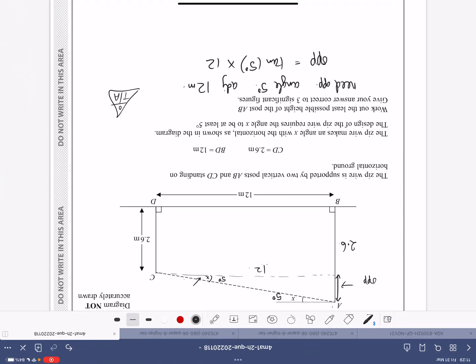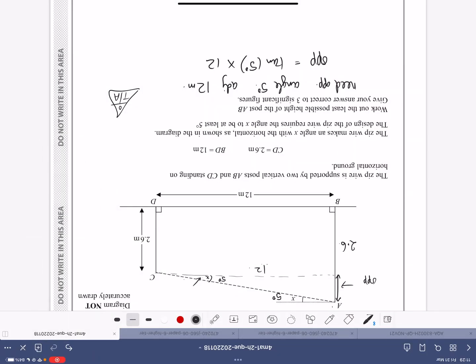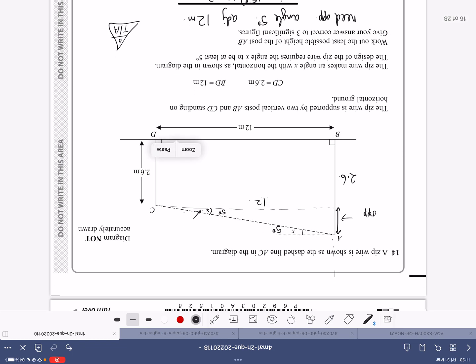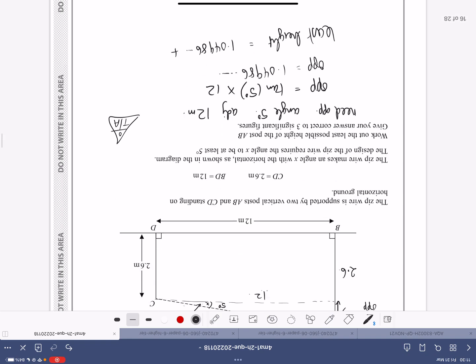12 times tan of 5 degrees is, opposite is 1.04986, etc. So the least possible height is 1.04986, etc., plus 2.6.